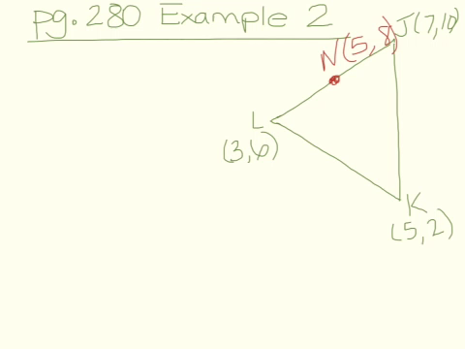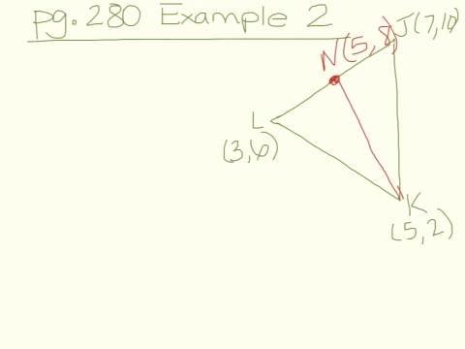Now the next thing I want to do is to find the distance between K and N, because I know the centroid is going to be 2/3 of that distance. So if I find the whole distance, then I can find the centroid distance as well.